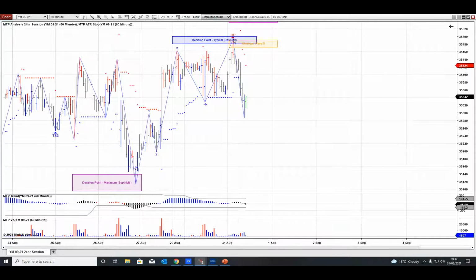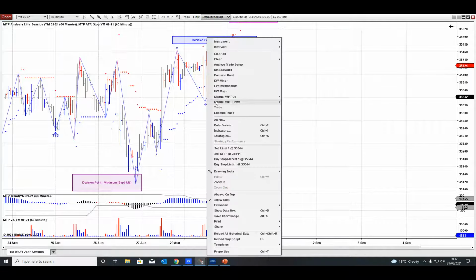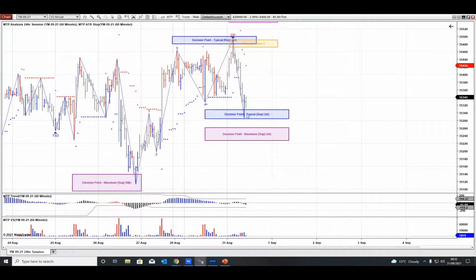Where does the market typically go to after a completed 5-wave sequence? All of you who've been with us for a while should be shouting at me at the tops of your voices as well, is after a completed 5-wave sequence, the market typically goes to the DP from the previous wave 4. So typically it goes to that DP there, not the maximum, but typically it goes from the completed 5-wave sequence to the DP from the previous wave 4.